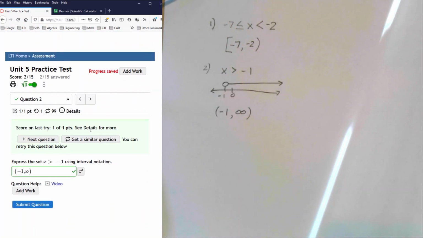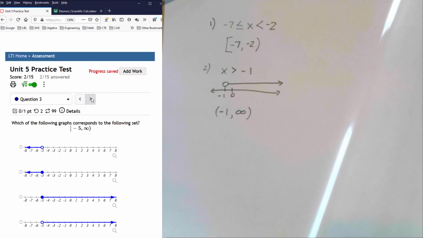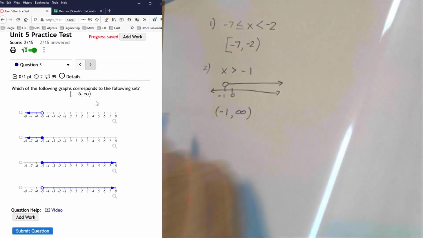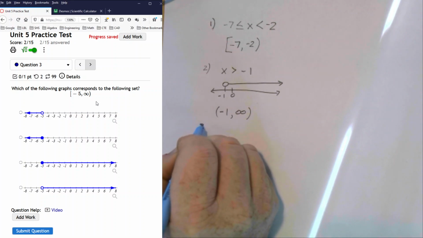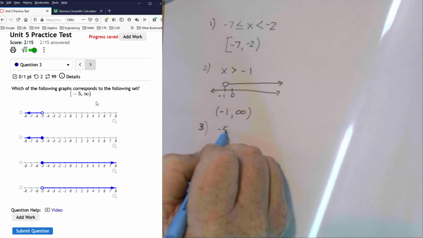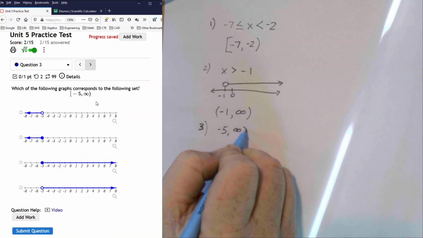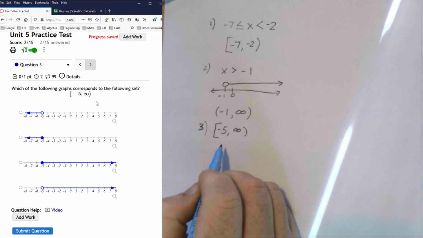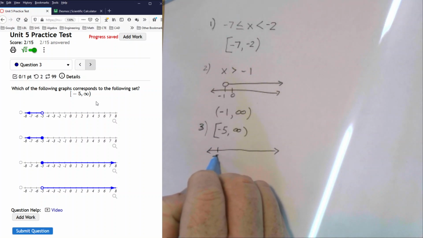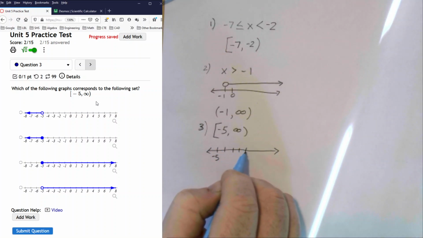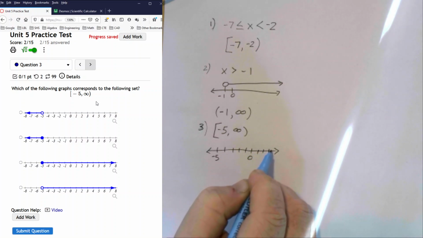That looks good. Question number 3. So they give us an interval here, from -5 to positive infinity. On the number line, -5, 4, 3, 2, 1, 0, 1, 2, 3, and so forth.